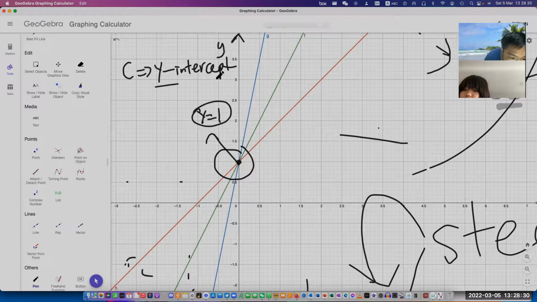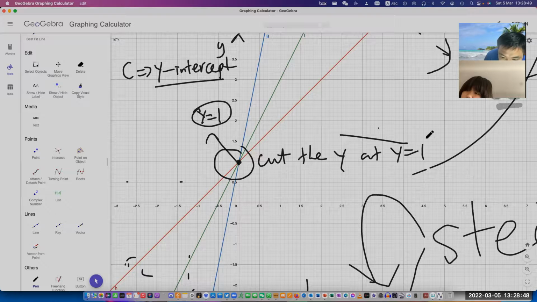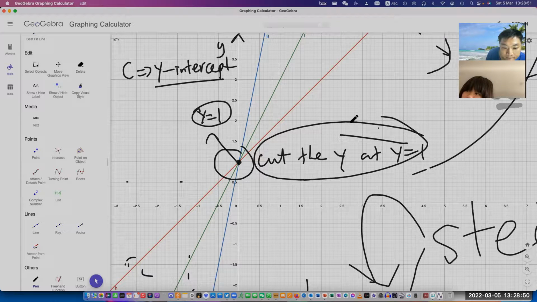What's the meaning of y-intercept? It means where the line intersects the Y-axis. Intercept means cut. So now it's pretty clear. All lines cut the Y-axis at Y equals 1. Therefore, your C is equal to 1 for all of them.